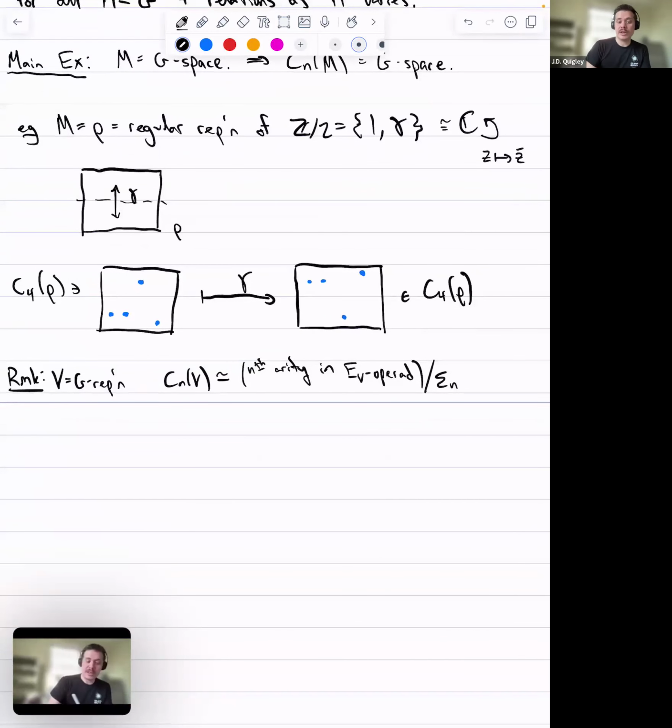And this has been studied by various people. So the first place I saw this was in work of Guillou and May. But there's even older work about equivariant configuration spaces more generally by Rourke and Sanderson.